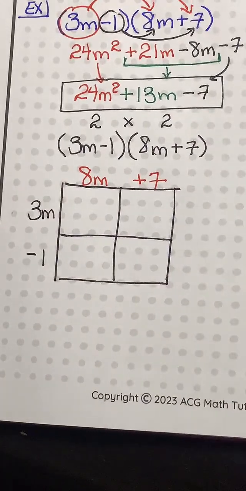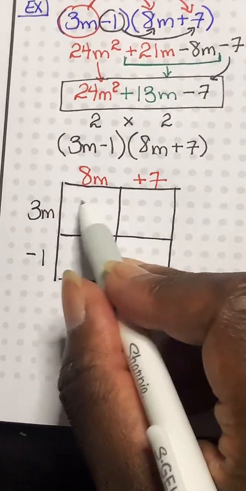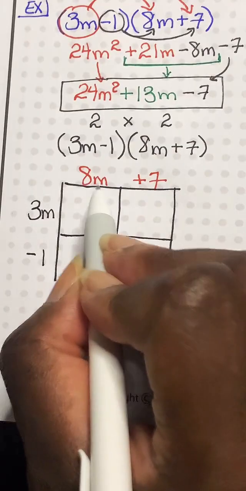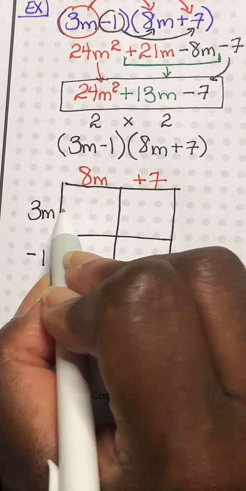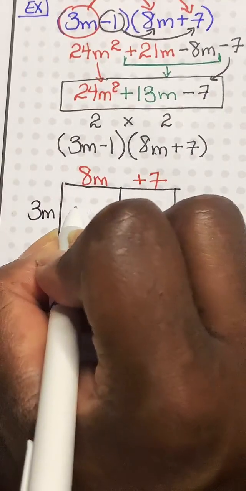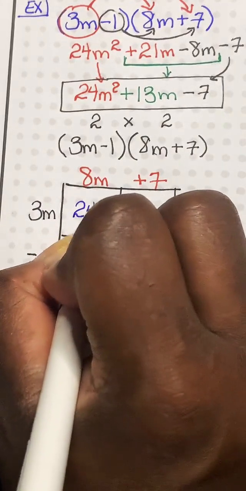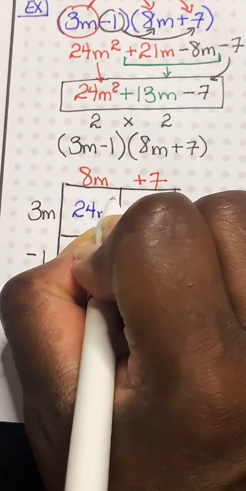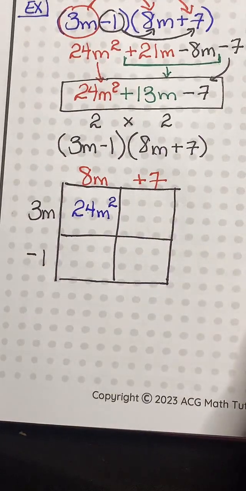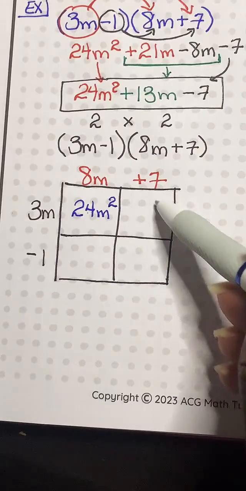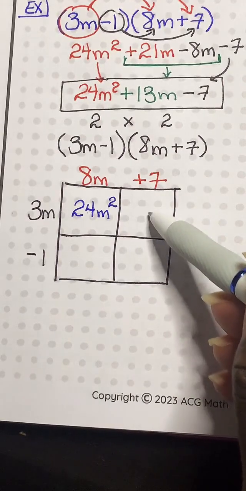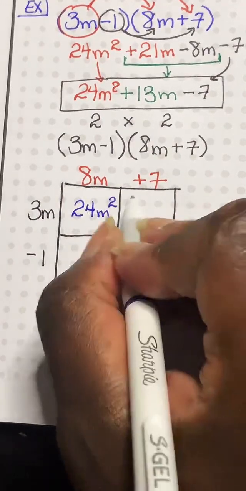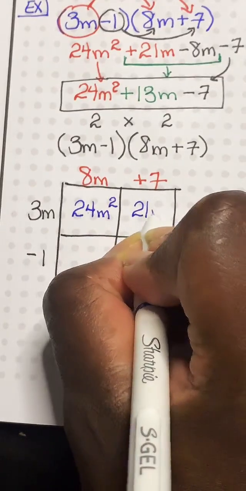Now, to fill your boxes, you need to multiply. To fill this box, I'm taking my 8m times my 3m. So 8 times 3 gives me 24, and m times m gives me m squared. To fill this box, I need to multiply 7 times 3m, so that gives me 21m.